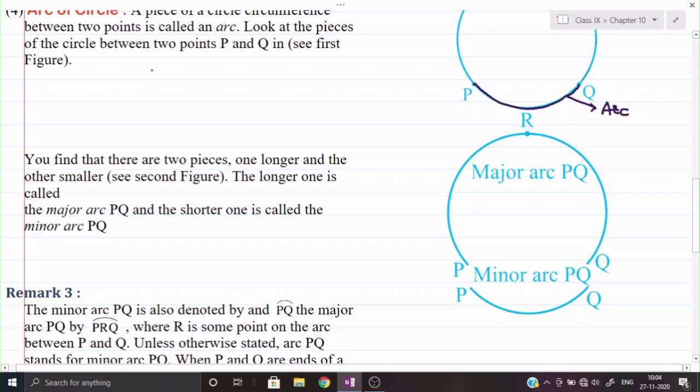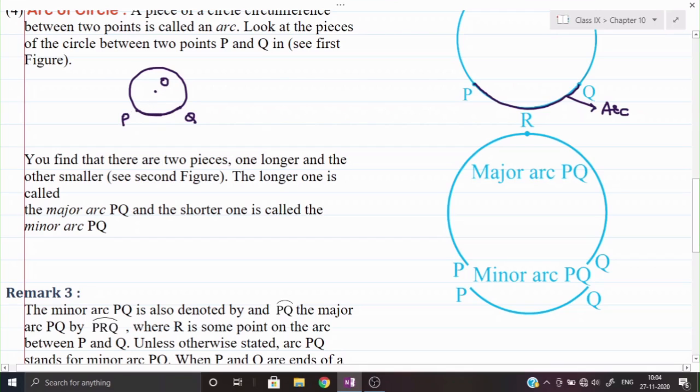Suppose this is a circle we have been given. Sorry, I will draw it once again. Okay, this is the center O, and I take here 2 points P and Q. And I say PQ is the arc of the circle.